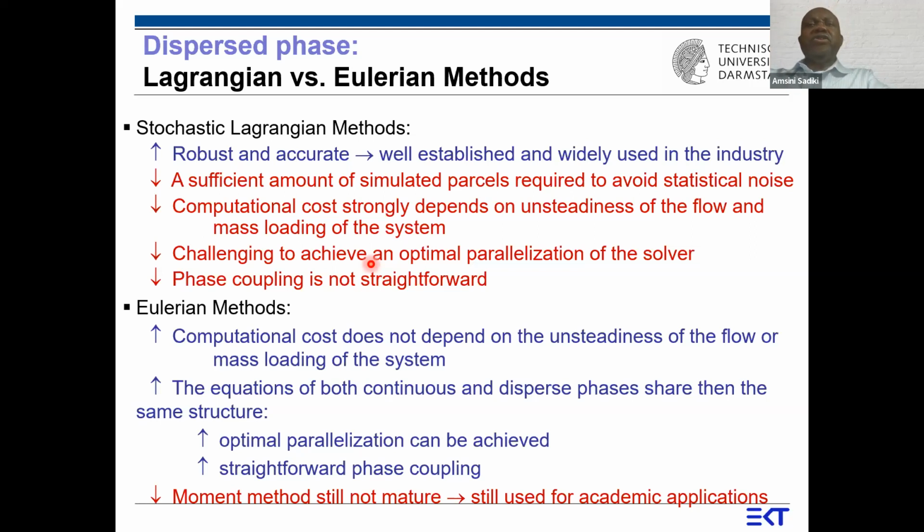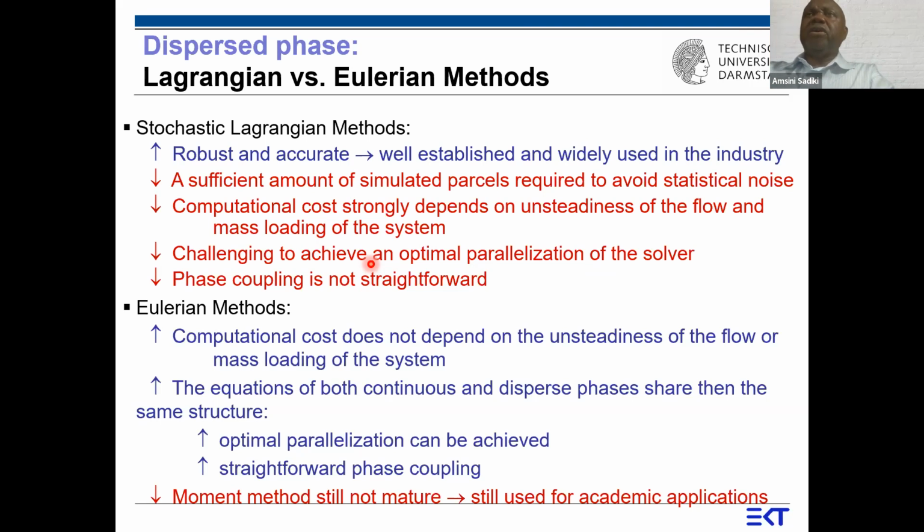In the literature, one can find the coupling, for example, of VOF, volume of fluid method, and Lagrangian, allowing us to account for the primary breakup and also for the secondary breakup handled by the Lagrangian one.